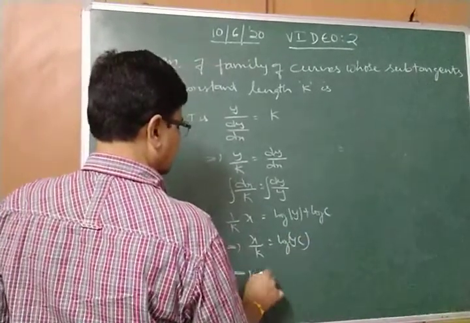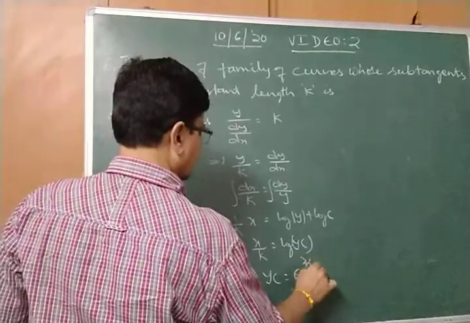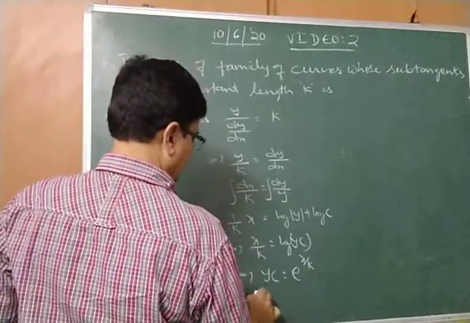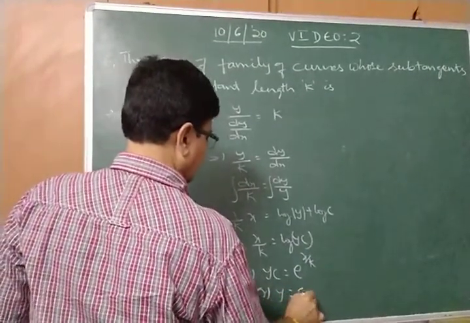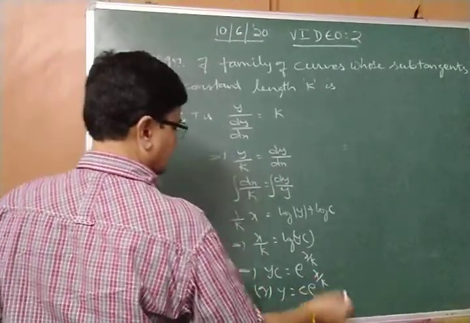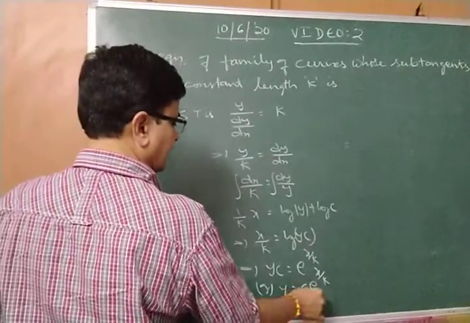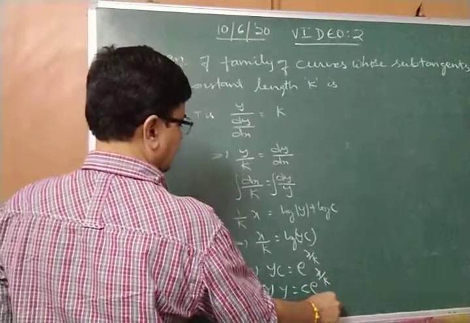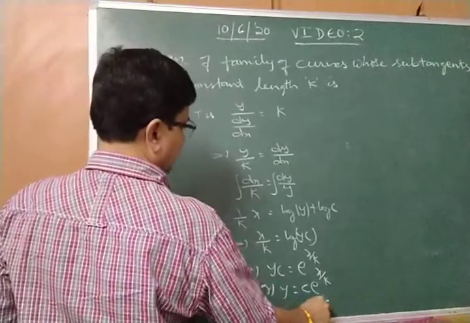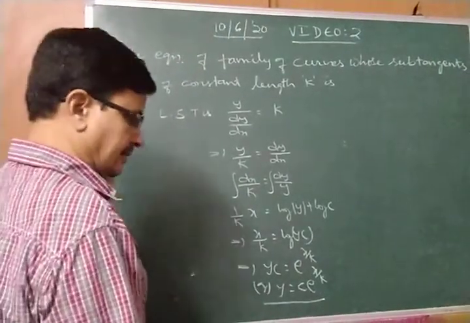So yc is equal to e to the power x by k, or y is equal to c into e to the power of x by k, where c is a constant. That is the required solution of the given differential equation.